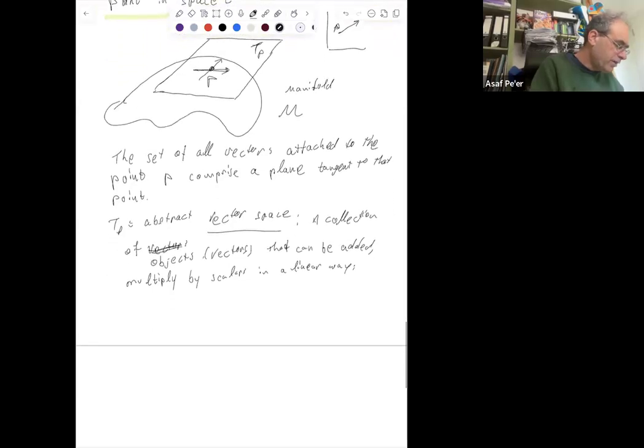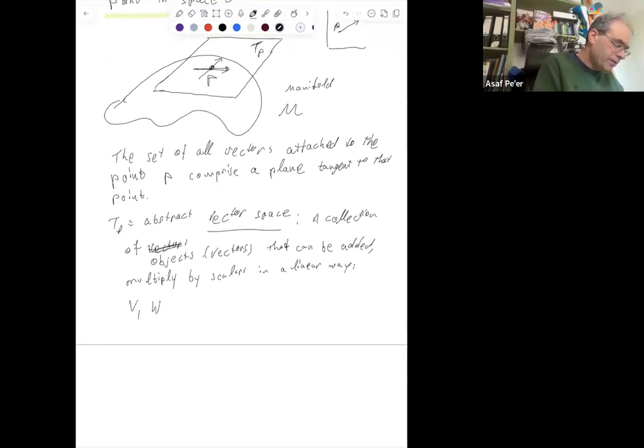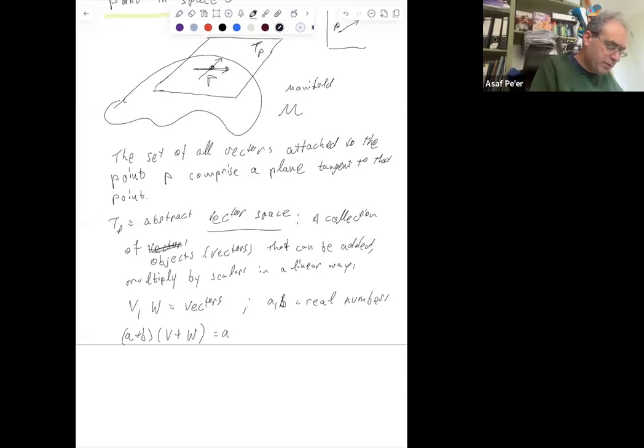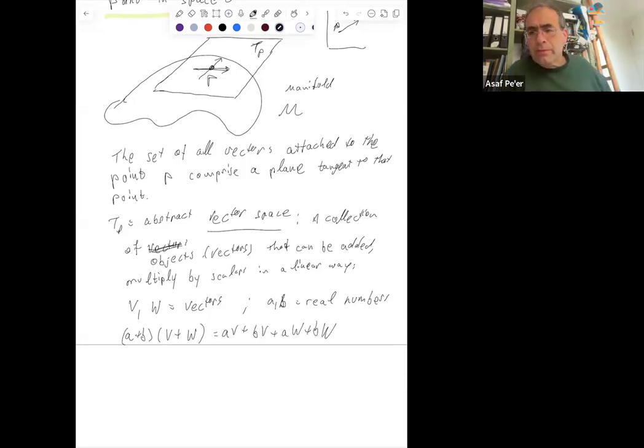So, if you have any two vectors, V and W, and A and B are real numbers, then obviously A plus B, V plus W, that's a new vector, which is AV plus BV plus AW plus BW. That's kind of clear.